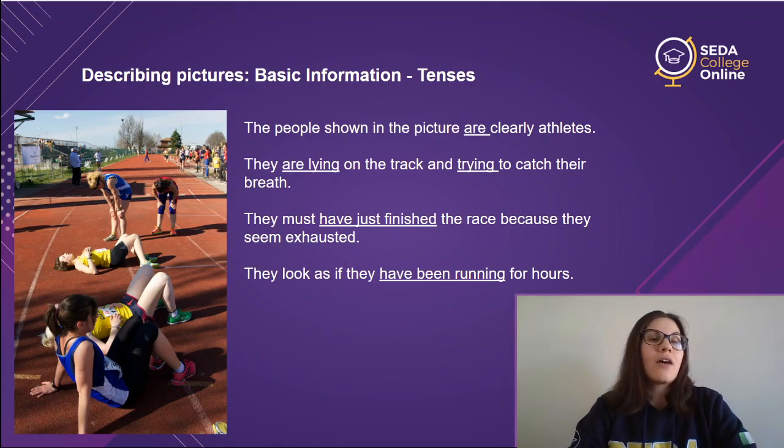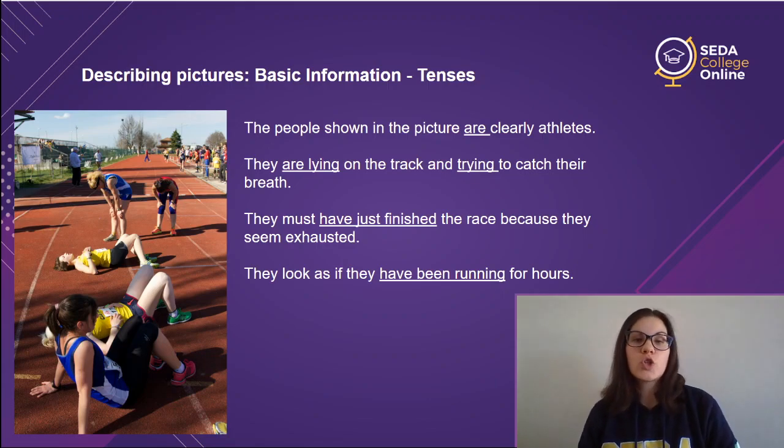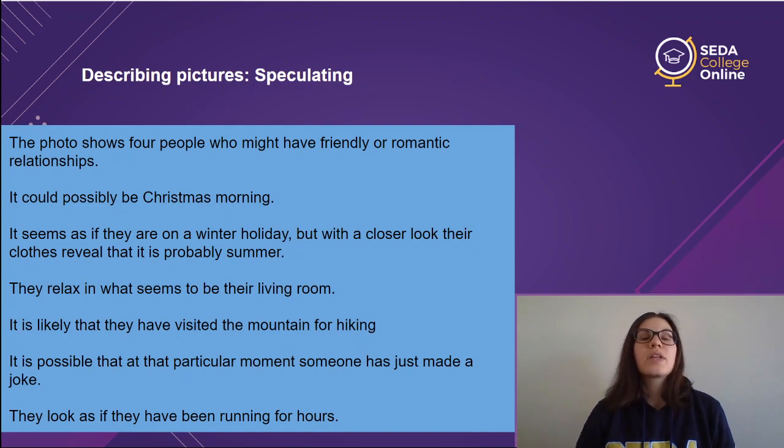And after we have talked about the structure, the WH words that you can use to give basic information, the tenses that you need, let's go to another very important skill, the skill of speculating. It's guessing, okay? And there is specific vocabulary that you can use in a writing to show that you're not sure, that you're just speculating.